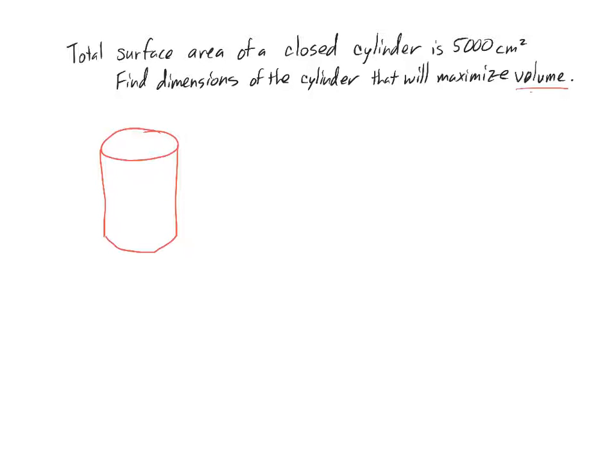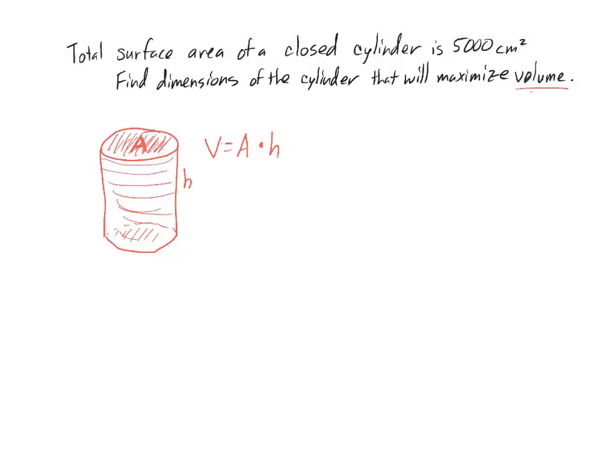A cylinder is just a prism that has a circle base, right? And so to get the volume, it's going to be the area of this base times the height. So that's this area right here, and then that slice is going to be multiplied by the height so that it goes all the way down.